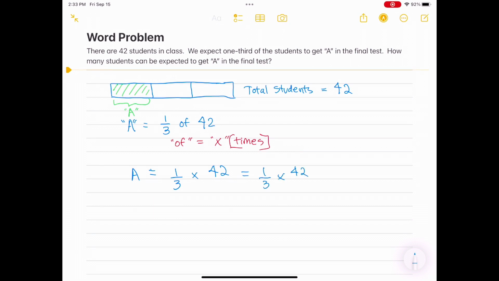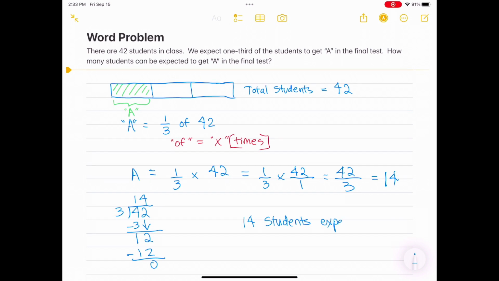So we have 1/3 times 42 over 1, and we multiply straight across. 1 times 42 over 3 times 1, which simplifies to be 42 over 3, or 42 divided by 3, which is a calculation I do on the side to find 42 divided by 3, which equals 14. So 14 students are expected to get an A in the final test.